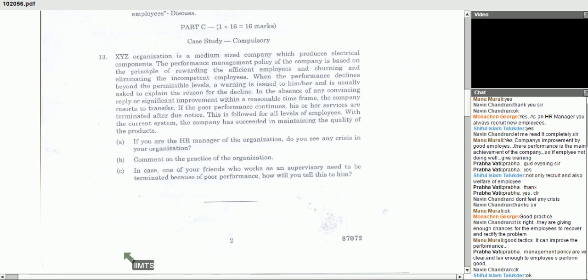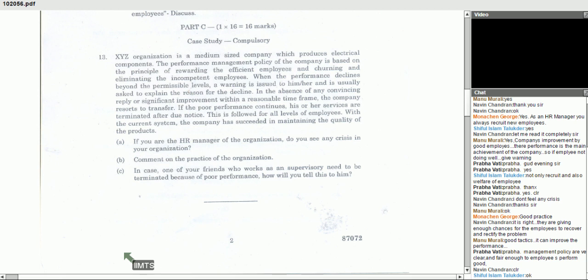Okay, next question. In case one of your friends who works as a supervisor needs to be terminated because of poor performance, how will you tell this to him? This is interesting.